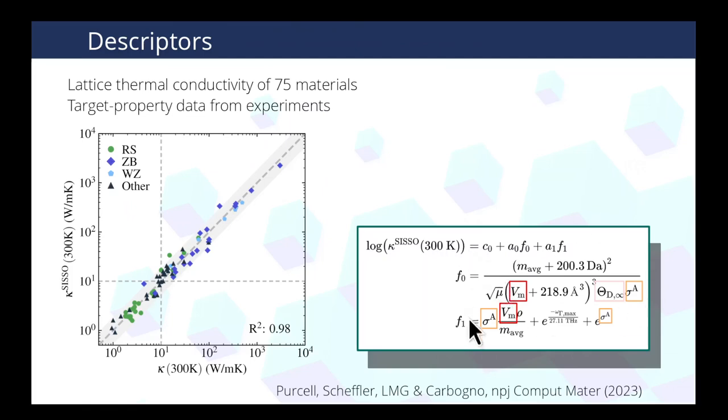And so here we have that the thermal conductivity could be nicely evaluated over several orders of magnitude, actually. So we predict a logarithm of that by means of an expression with a descriptor that is actually found, right?